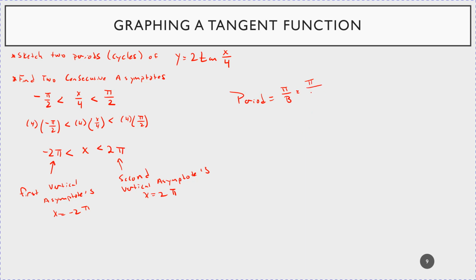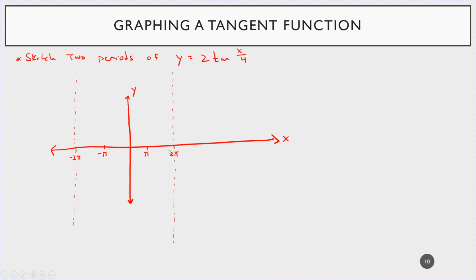So it's pi divided by 1/4, which is 4 pi, which is what you're seeing here. So then I'm going to go 3 pi, 4 pi, 5 pi, and then 6 pi.